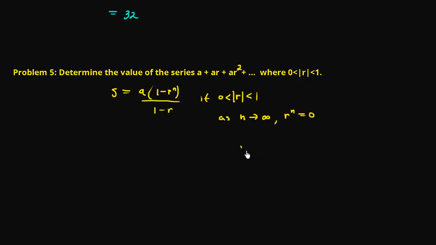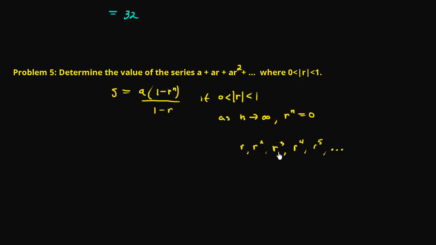So let's suppose I have r squared, r cubed, r to the power of 4, r to the power of 5, dot dot dot. If the absolute value of r is between 0 and 1, then I know that the absolute value of r squared is less than the absolute value of r.